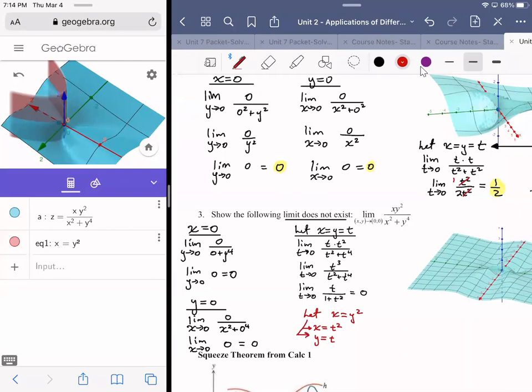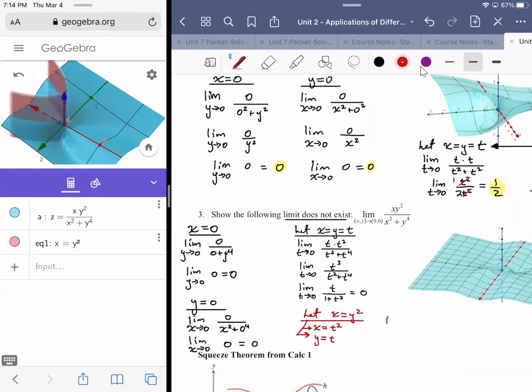If I chose to let x be equal to t, then y would be the square root of t. It would still work, but I don't know how much you want to work with a radical, right? So anyway, that's going to be our setup.